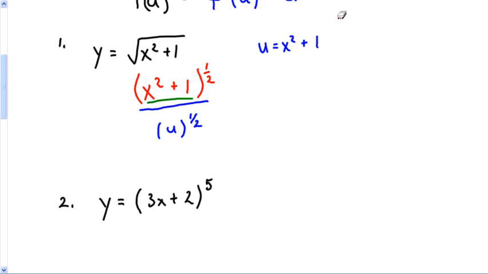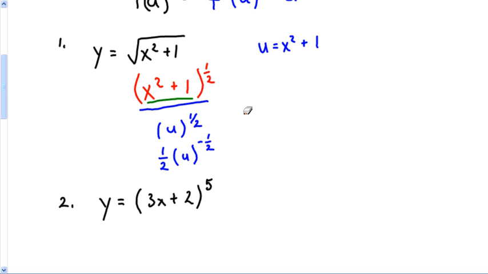That's something you should be able to take a derivative of very easily. I'm going to do the power rule on this. So what's the power rule? Times by 1/2, so this would be 1/2 times u. And then after you times by your exponent, you subtract 1 from it. Well, 1/2 minus 1 is negative 1/2.